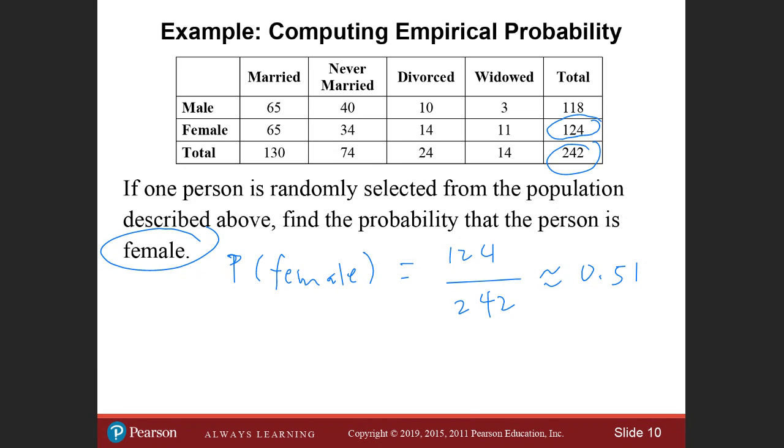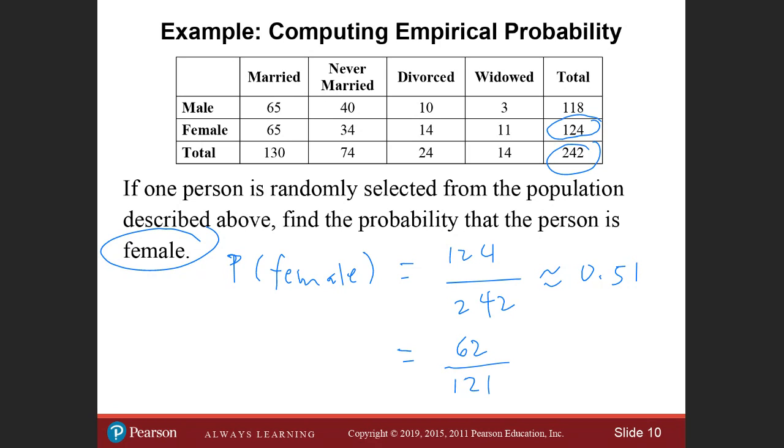Or you can reduce the 124 over 242 into a fraction, by dividing 2 on the top and dividing 2 at the bottom. So we will do that. We'll get 62 on the top, and 242 divided by 2 will get 121.